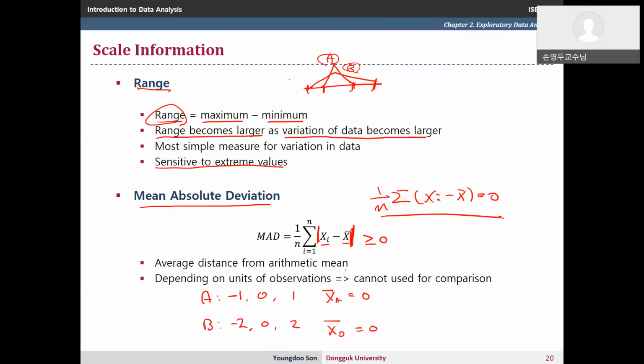However, the mean absolute deviation of this one is 2/3, and this one is 4/3. Okay, it's twice as large as this one. The range of A is 2, 1 minus (-1), and the range of B is 4.